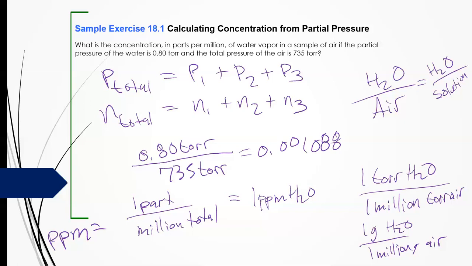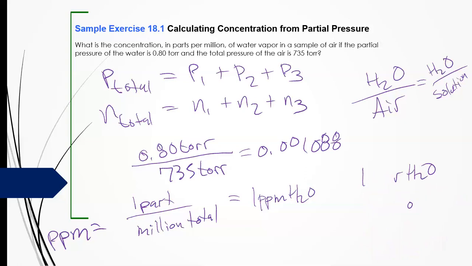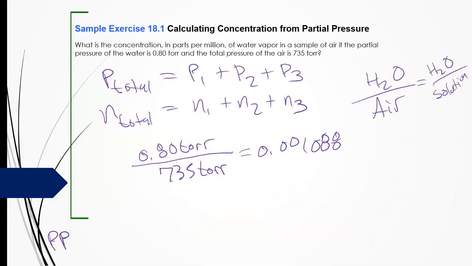So this is how much water we have to 1 air, or 1 torr of air. If we want to change it to ppm, we just need to multiply this by 1,000,000.